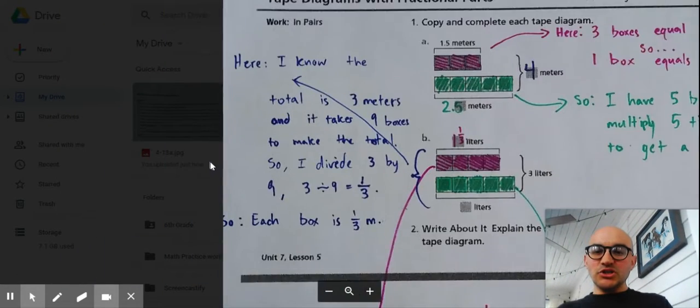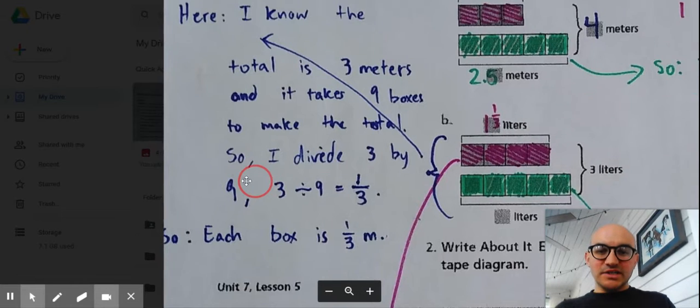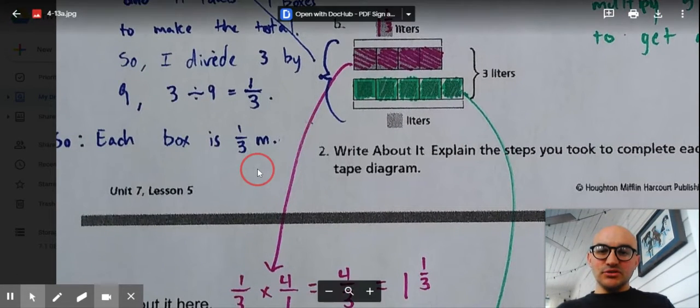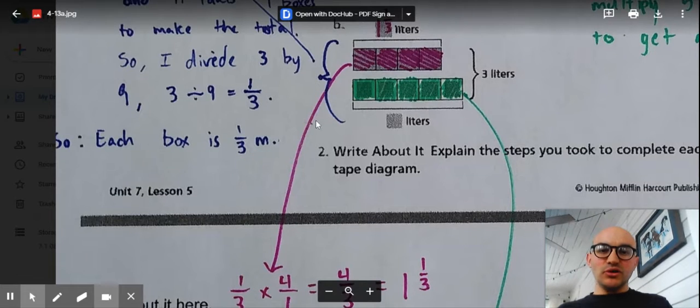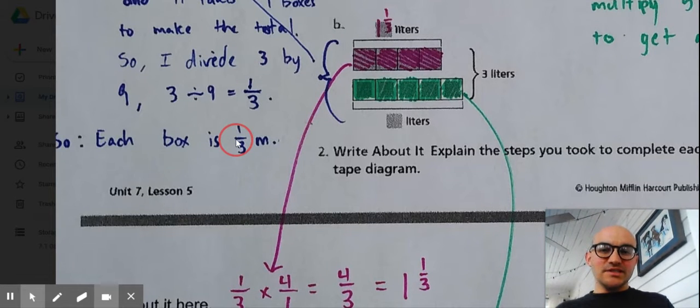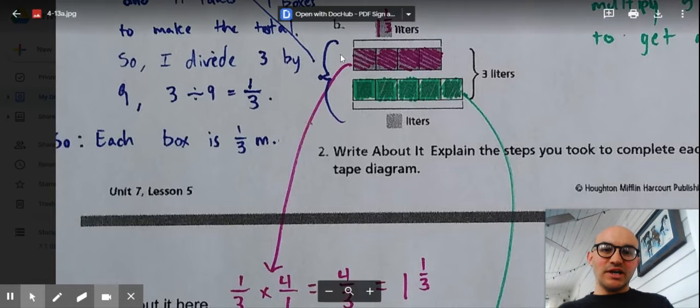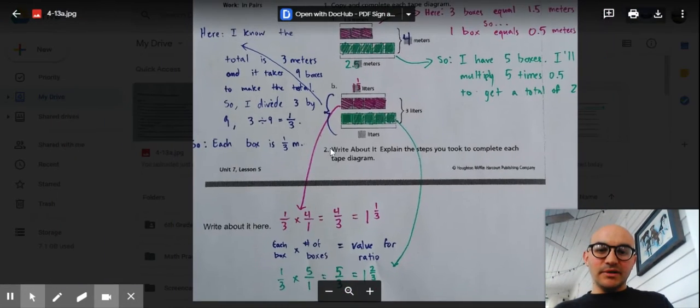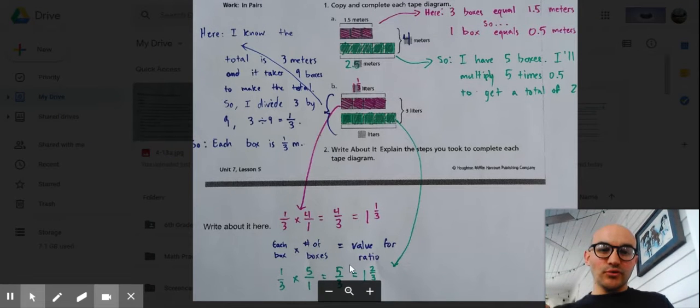Each box is 1/3 of a liter, and I'm going to scroll down a little so you can see how I finish this problem. This is the key part I need to know. Once I know this, I take 1/3 times 4 to find my value for pink, and 1/3, the value of each box, times 5 to find the total for the green boxes.